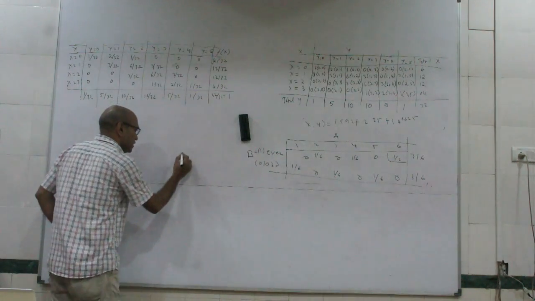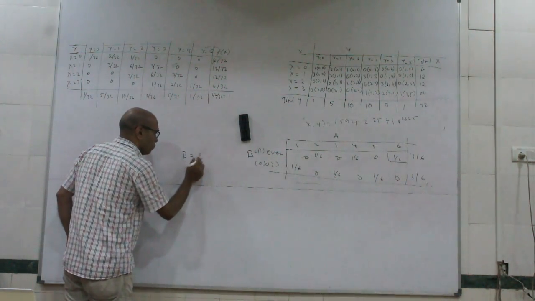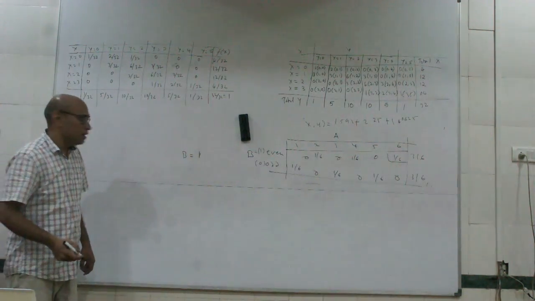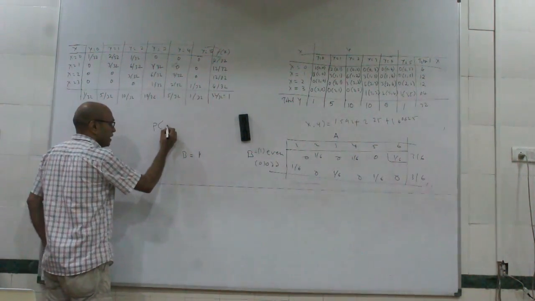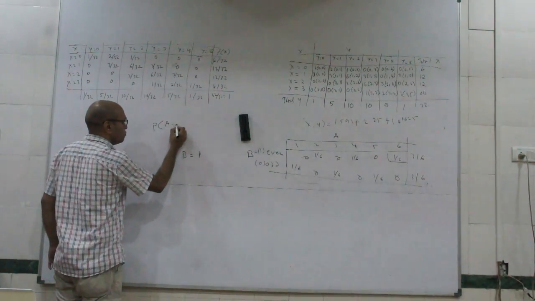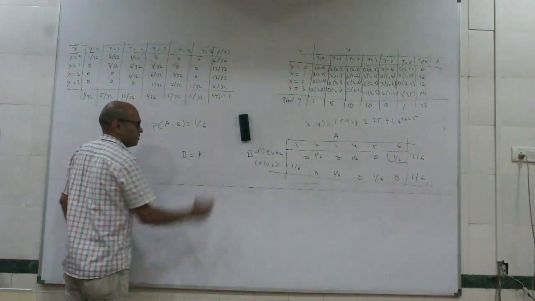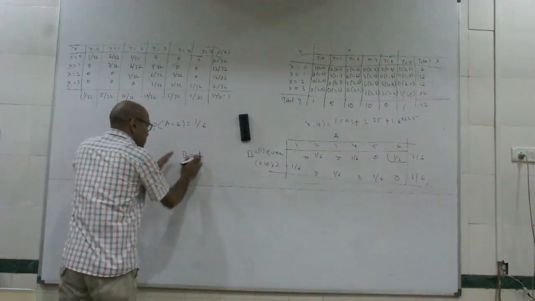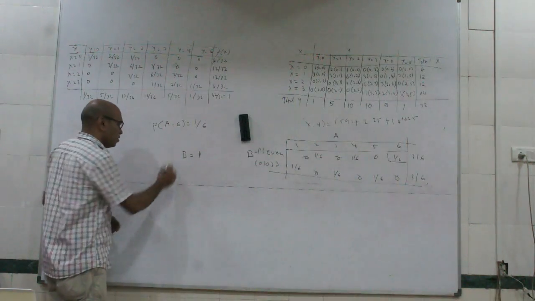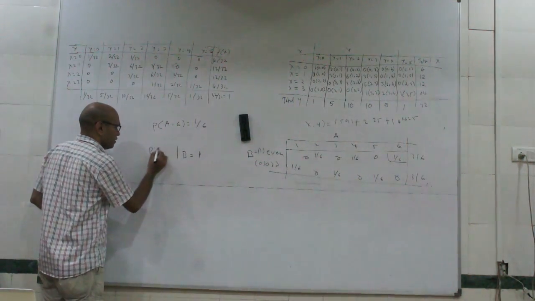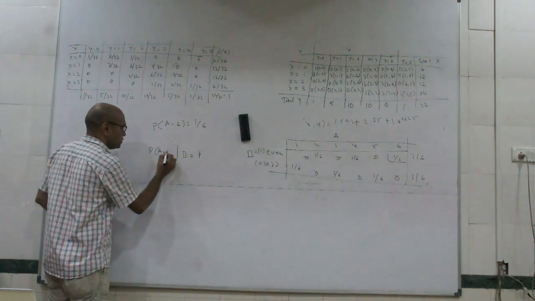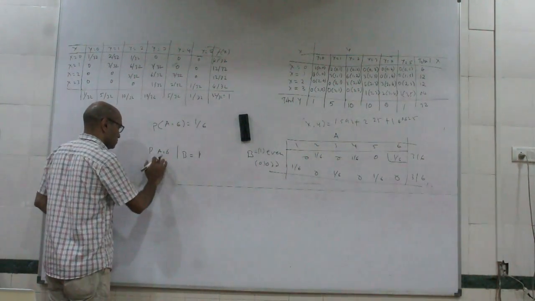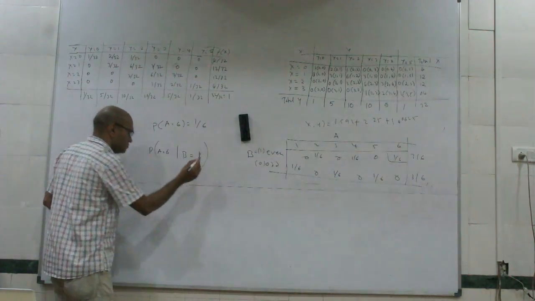If I know that B is equal to 1, see, the probability that A is equal to 6 is 1 by 6. But given that B is equal to 1, what is the probability that A is equal to 6? 1 by 3, if B is 1, an even number.